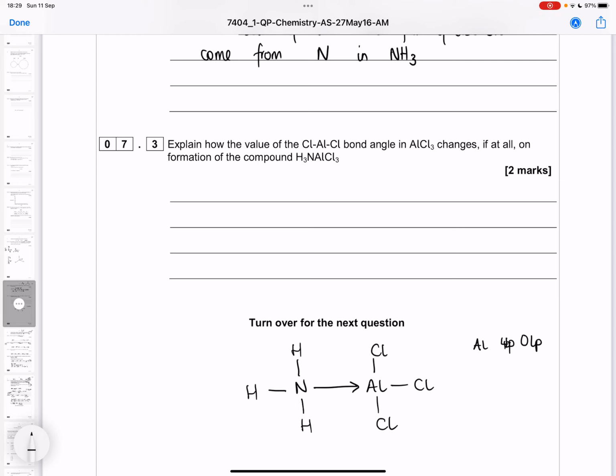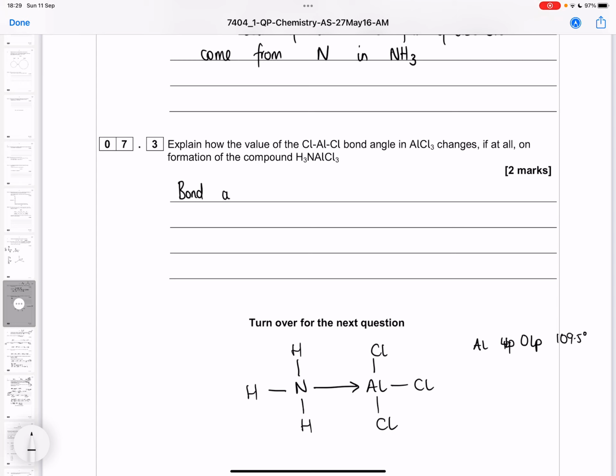And so its bond angle has gone from what would have been 120 before that we had in aluminium chloride, trigonal planar, to 109.5, because it's now 4 bond pairs, no lone pairs, it's now tetrahedral. So the bond angle has decreased.